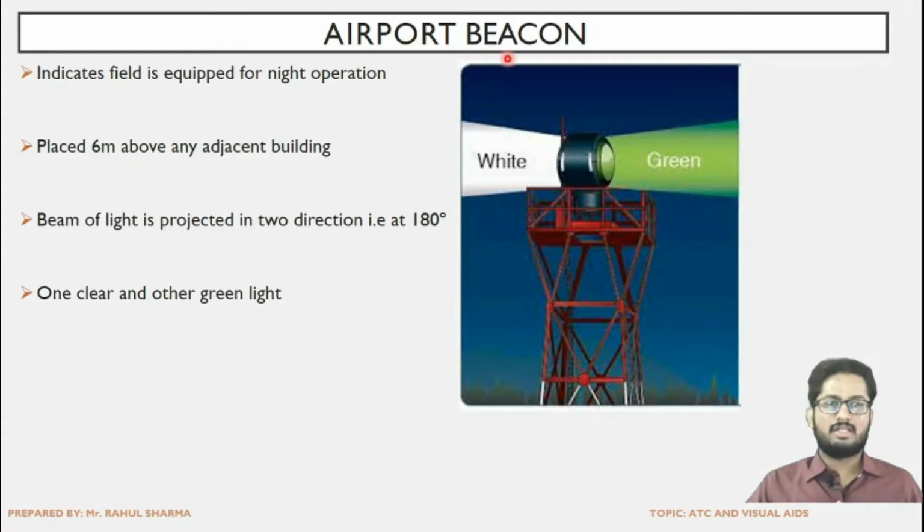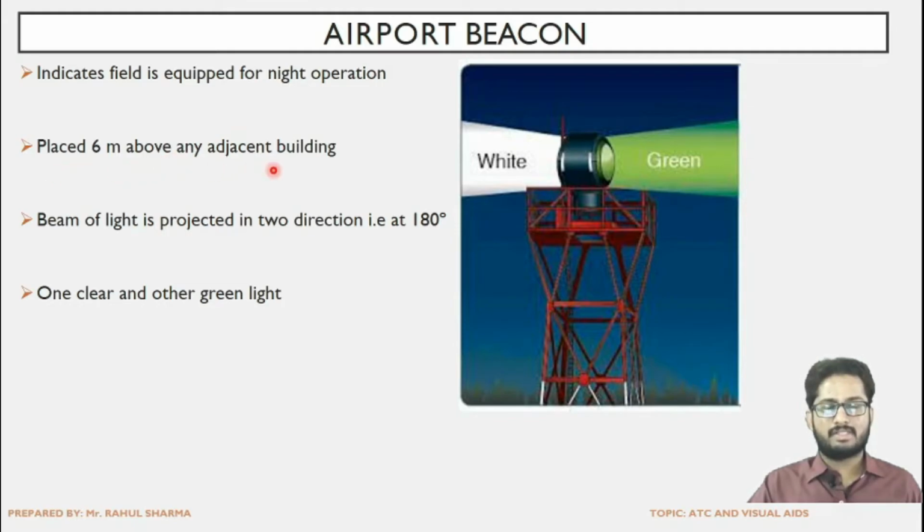First of all is the airport beacon. It indicates that the field is equipped for night operation. The purpose of this beacon is an indication that at this specific airport the operations can be carried out during the night time. It is placed 6 meter above any adjacent building.